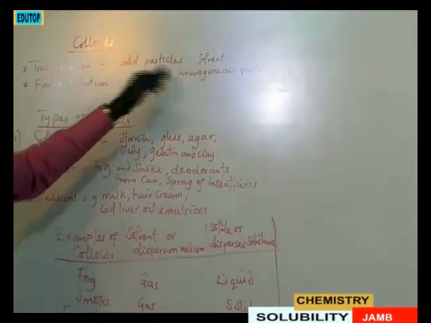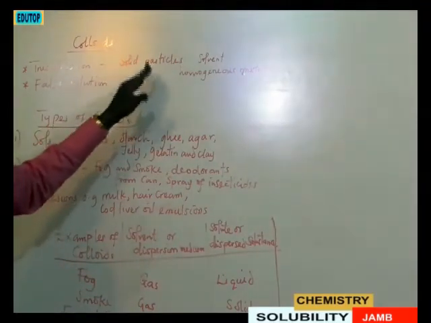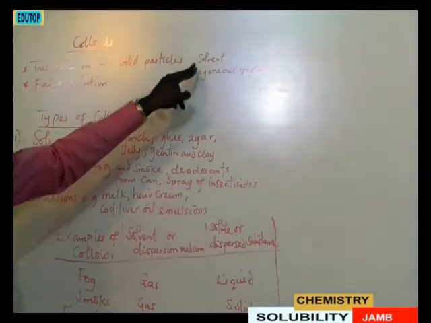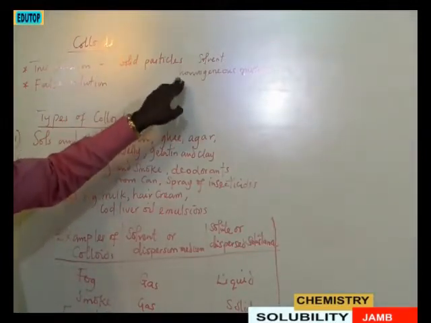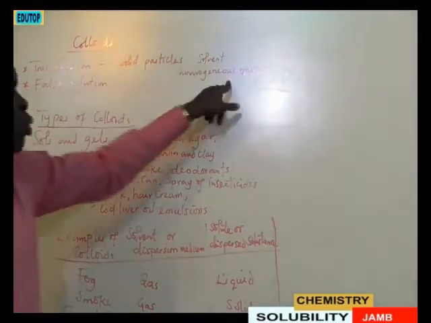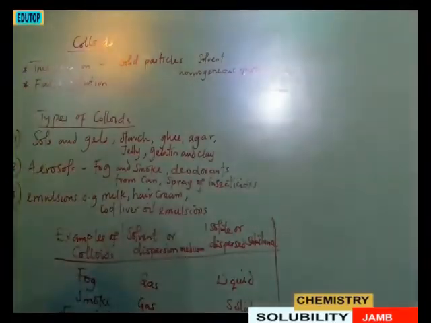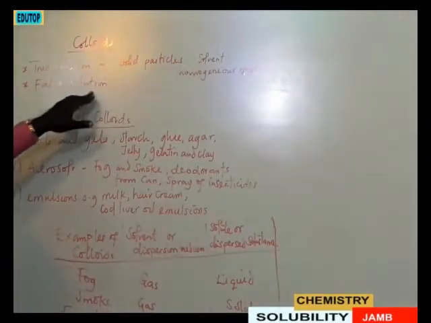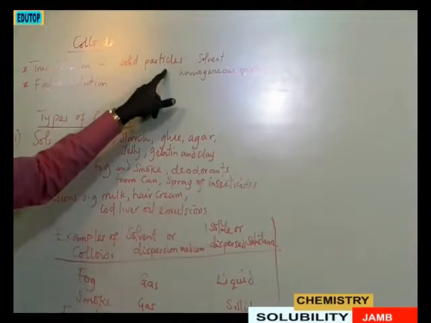So the particles are able to mix with the solvent in such a way that the resultant product gives what? A homogeneous mixture. But when we talk about false solution, in this situation, the reverse is the case.